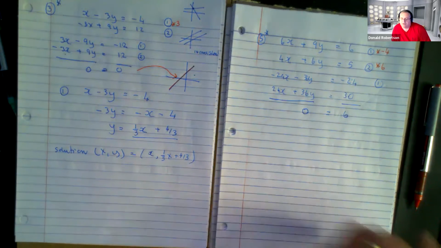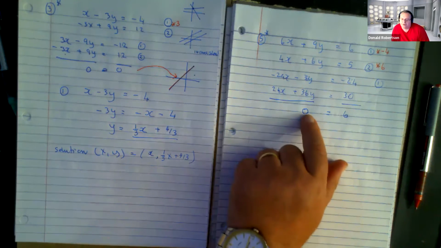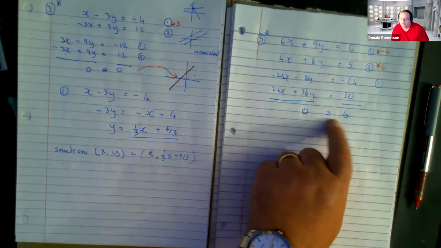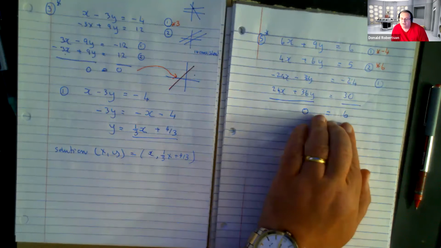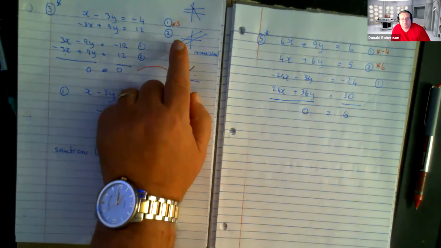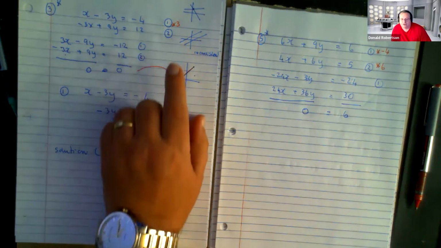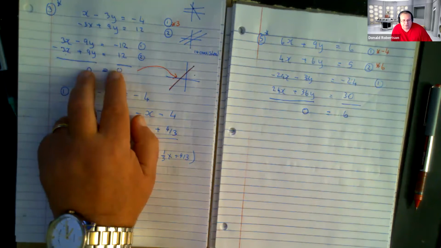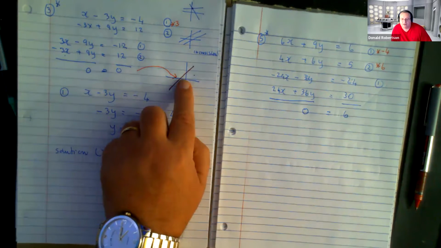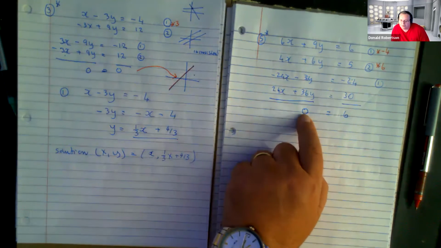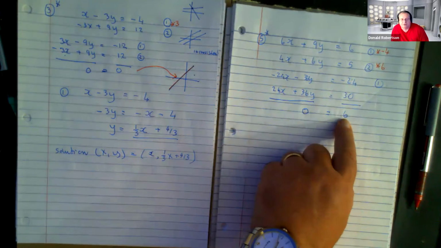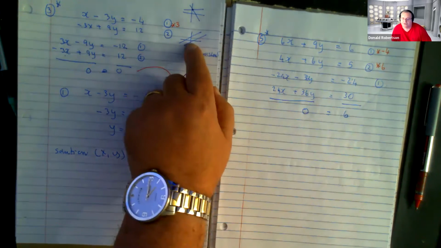When we add these, however, you get 6. Now, we've got to understand that when something that is obviously not true happens, 0 is never going to be 6, it has to be interpreted in terms of the three possible situations. When both the variables disappear, 0 on the left, 0 on the right, we're getting this other case. When all the variables disappear, but there's a number on the right that's not 0, in this case 6, this is inconsistent.